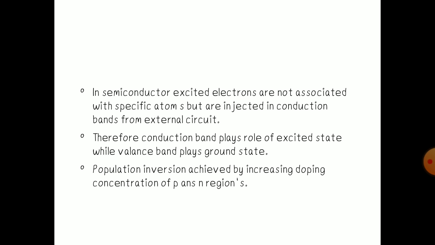By which we achieve a large number of electrons in the conduction band and a large number of holes in the valence band. This condition is known as population inversion. Population inversion means there are a large number of electrons in the conduction band and a large number of holes in the valence band. So this is called population inversion in a semiconductor laser.